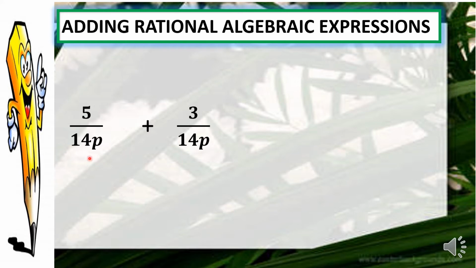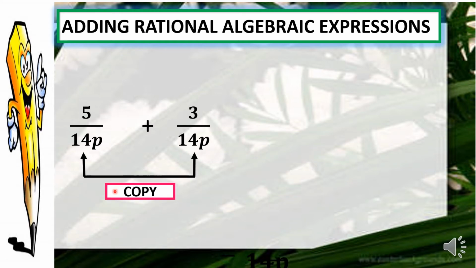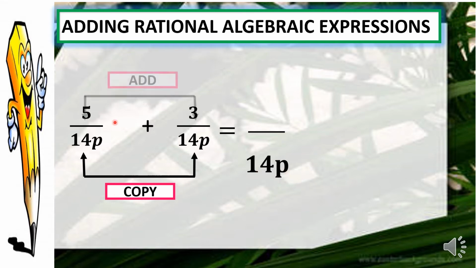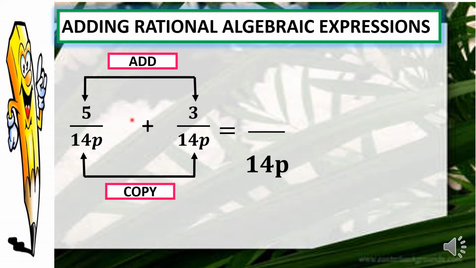Since they're similar, you have 14p and 14p, gagawin lang natin is just to copy. And then for the numerator naman, we're just going to add. So you have 5 plus 3, so the sum is 8. So you have now 8 over 14p.